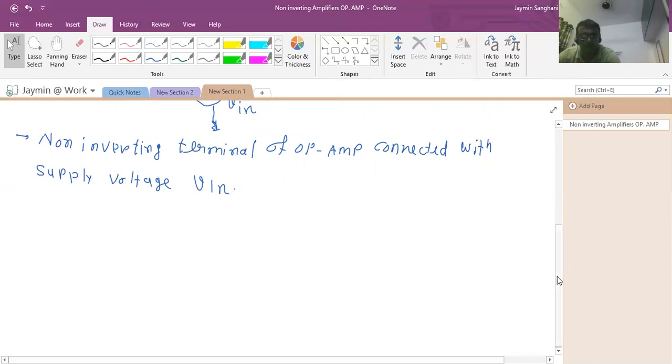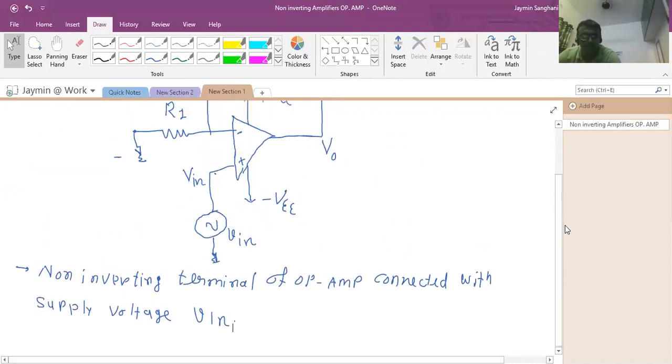Now, what is the meaning of that? Non-inverting terminal contains the voltage V in.